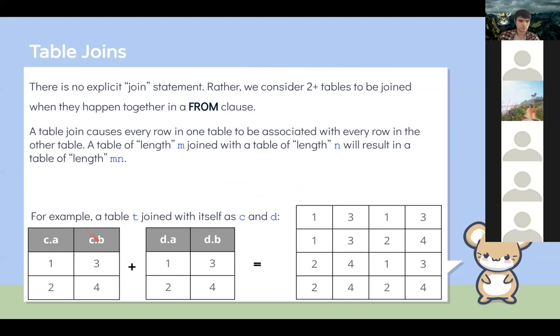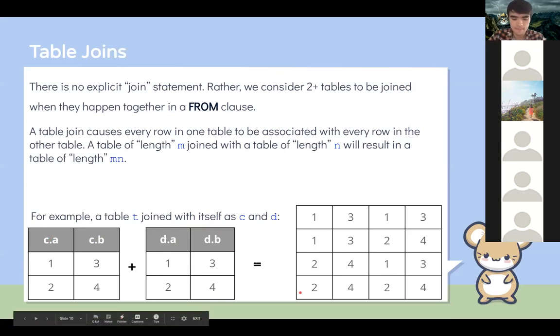To see it visually, let's say we have these two tables, C and D, and we're joining them together. On the right-hand side, this is the combination. We're basically cross-multiplying every row against each other. C has 2 rows, D has 2 rows, 2 times 2 is 4, and that's why we see 4 rows in the output.